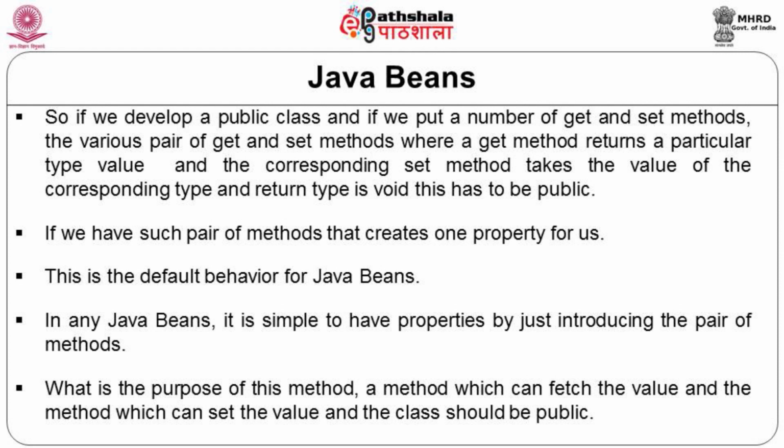This is the default behavior for any JavaBean component. It is simple to have properties, just by introducing a pair of methods. A pair of methods forms a property.